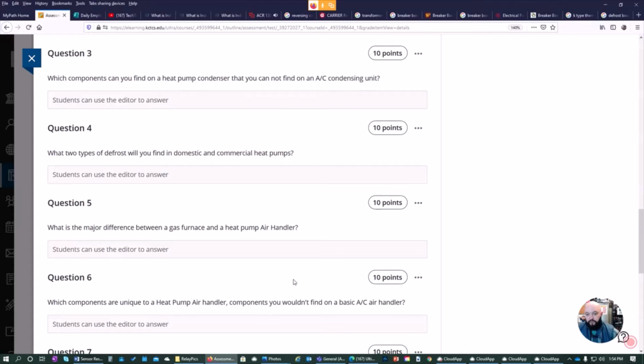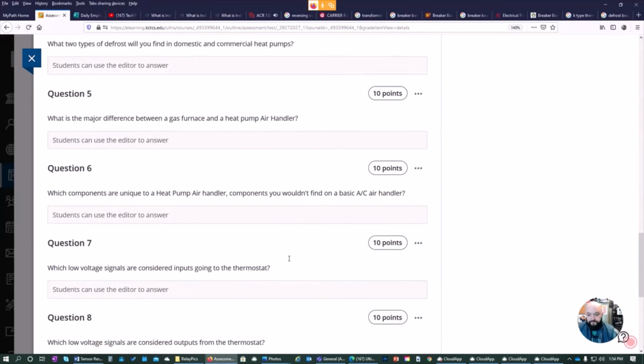So the indoor unit on a heat pump is typically called an air handler. The indoor unit on a gas furnace AC is obviously called a gas furnace. They both have blower motors in them. They both move air across the coil to cool, but one will burn fossil fuels, the other one will use thermal energy pumped from outside to inside to heat.